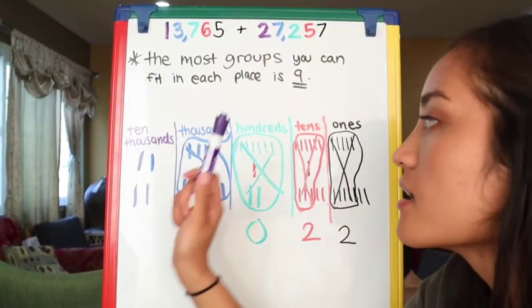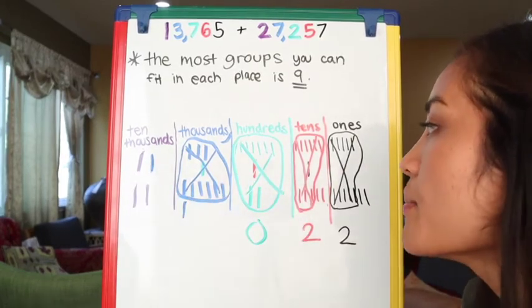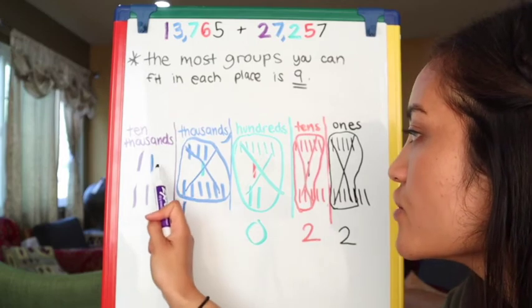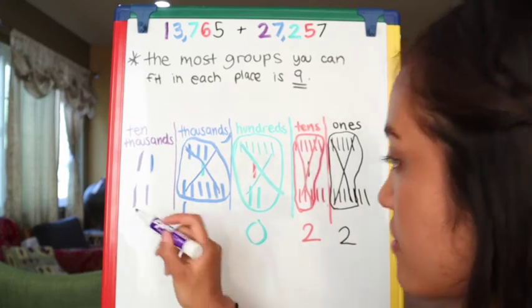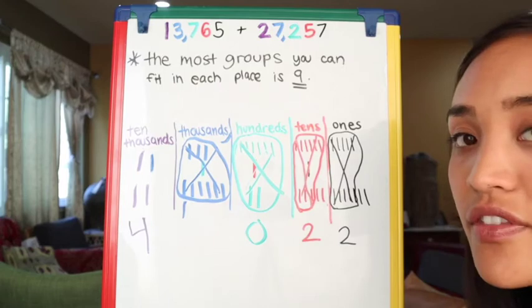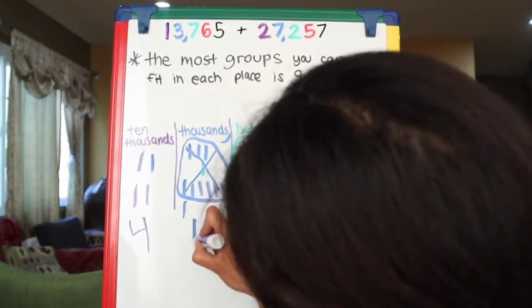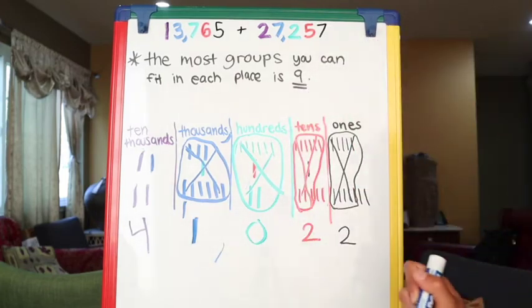Alrighty. We're down to our last 10,000s place. Let's count them up. 1, 2, 3, 4. Awesome. Oh, and I forgot to write right over here. How many do we have left over in thousands? 1. There you have it.